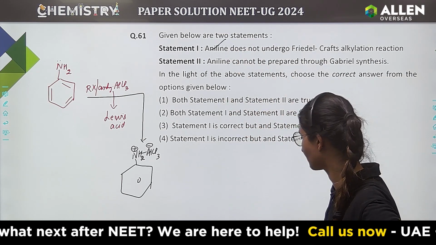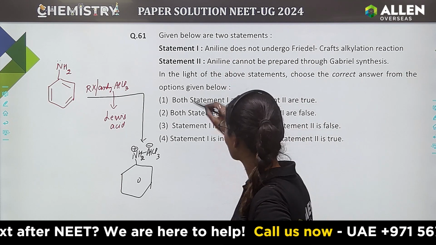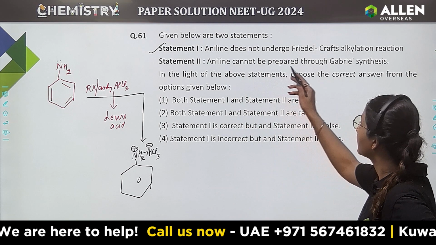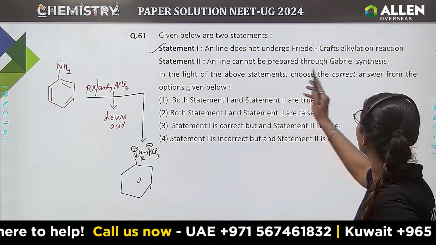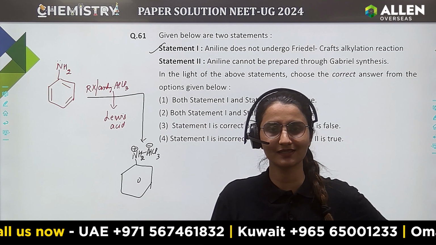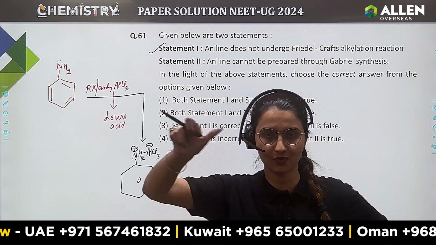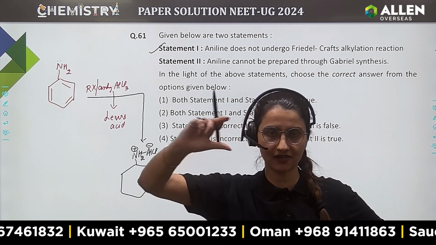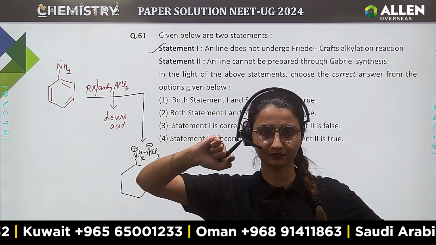Let's check statement 2. Statement 2 is: aniline cannot be prepared through Gabriel synthesis. What is Gabriel synthesis? Gabriel phthalimide synthesis, where you take phthalimide treated with aqueous KOH, starting from phthalic anhydride.